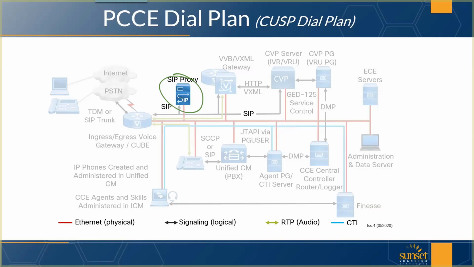So it becomes a much simplified network addressing table. Now, once you do that, of course, you're able to add some other powerful tools into that SIP proxy device, such as time of day routing, call admission control, and a whole bunch of other stuff.